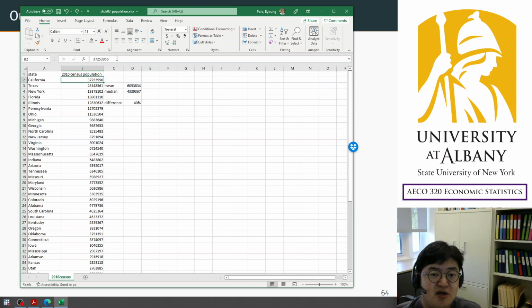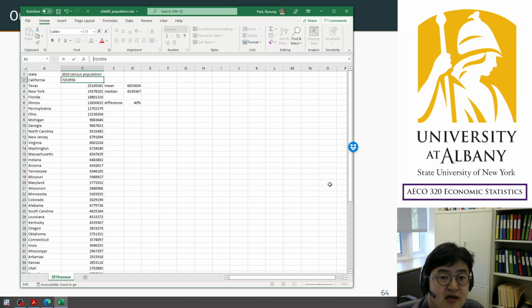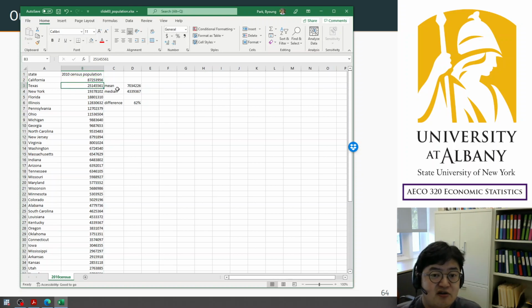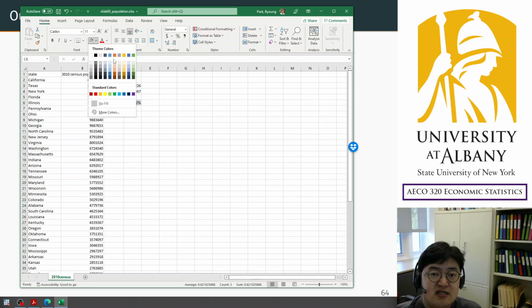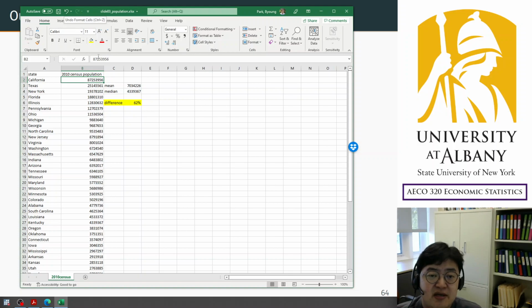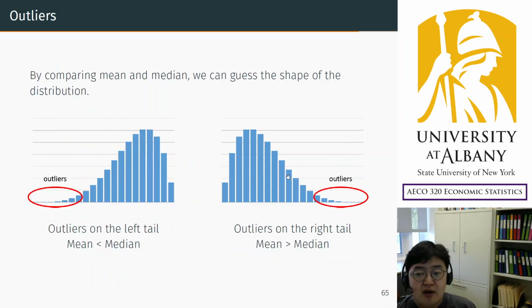Or in an extreme case, I happen to write 8 instead of 3. So I confused 3 with 8. Then the difference becomes much larger. So you can understand that the difference between the mean and the median basically reflects how big the outliers are, right? So that's the idea.